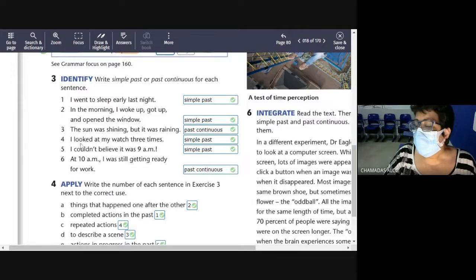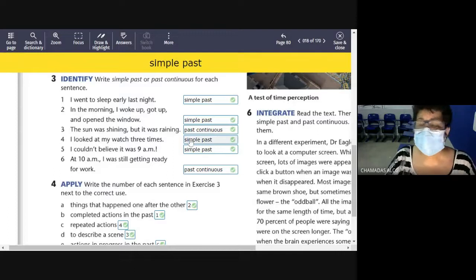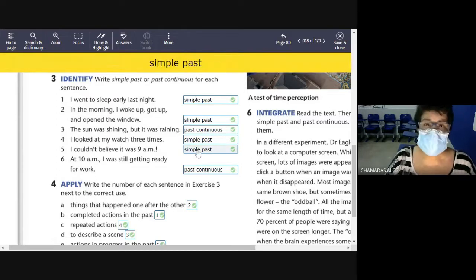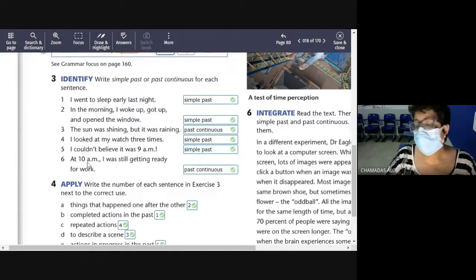Number 4, I looked at my watch 3 times. Simple past. I couldn't believe it was 9 a.m. Simple past. And at 9 a.m., I was still getting ready for work, past continuous. So here, I am describing what happened in the morning, okay?